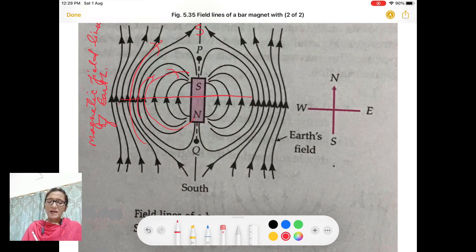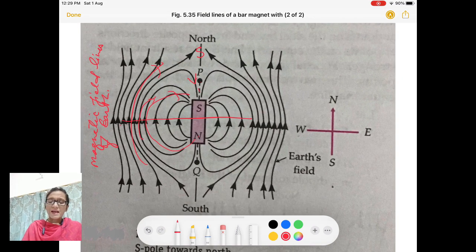But there is a point along the axial direction where you can find that the field lines are entering inside the bar magnet from here, and the magnetic field lines are going upward. So there is a point here where you will find no magnetic field lines. It is devoid of any magnetic field lines.